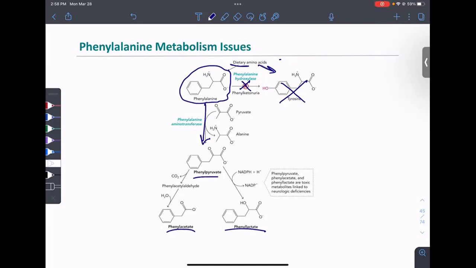A lot of patients who were found in mental hospitals many years ago were found to have this. And so the primary treatment here is just don't eat a whole lot of phenylalanine. You'll see this on the back of food labels, PKU warning, like aspartame has it. So if you don't eat it, then you don't have to metabolize it, and it's not so bad.